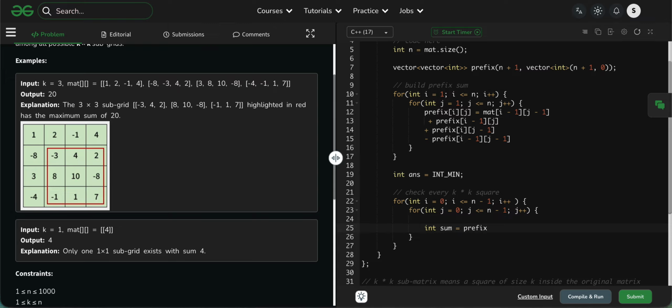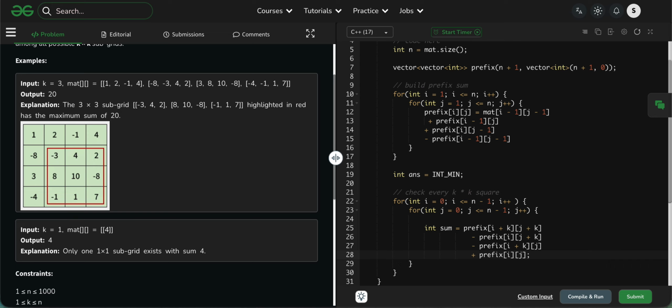Follow the code: prefix of i plus k and j plus k, got it? And then minus prefix of i to j plus k, and minus prefix of i plus k and j, and plus prefix of i to j, simple one, right?